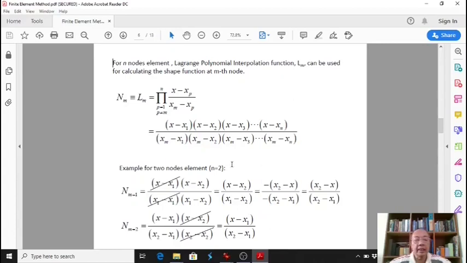Okay, let's consider an example for a two-node element with n equal to 2. We have this element just now. This is node i, which we replace with node 1, and this is node 2.